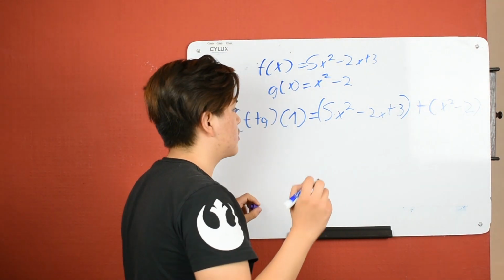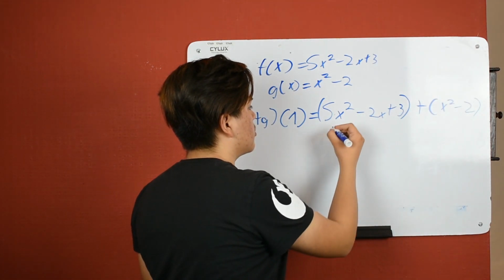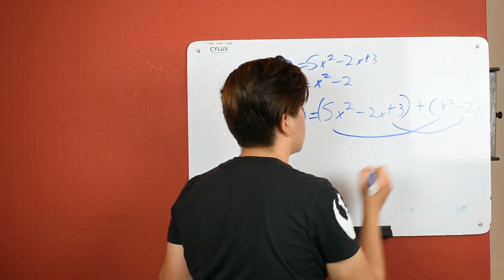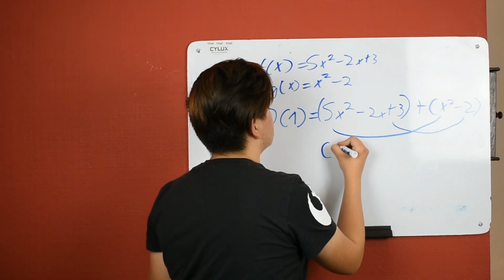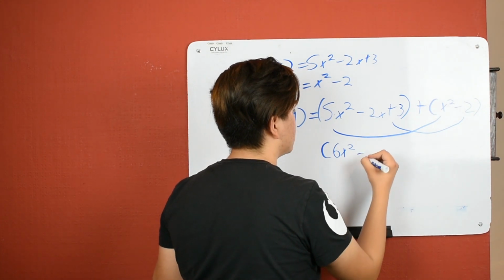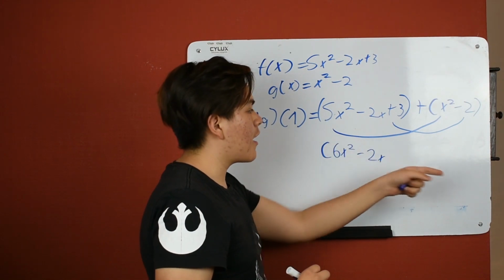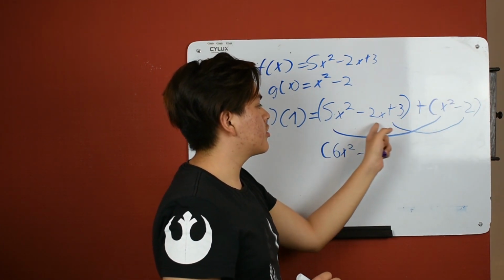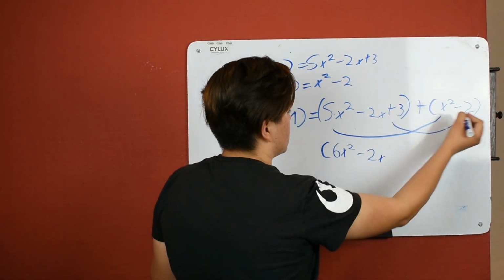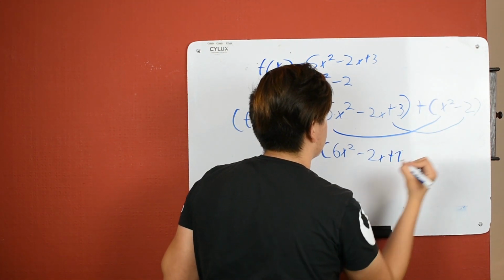Okay, we have to sum the terms that are alike. So this with this and this with that. It's equal to 6x squared minus 2x, because it doesn't have another x alone here, so it's forever alone. And 3 minus 2 is equal to plus 1.